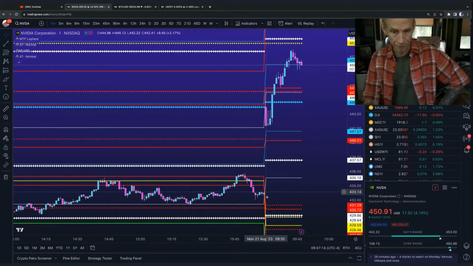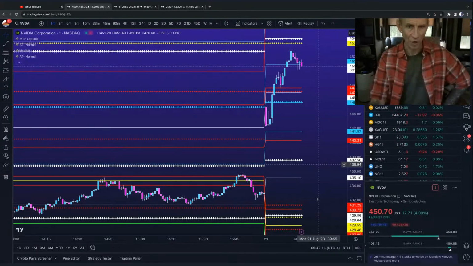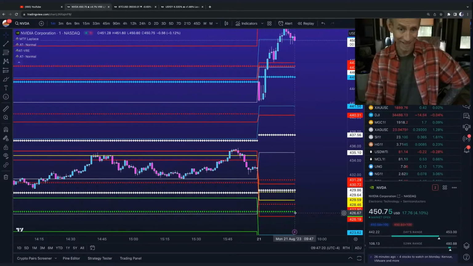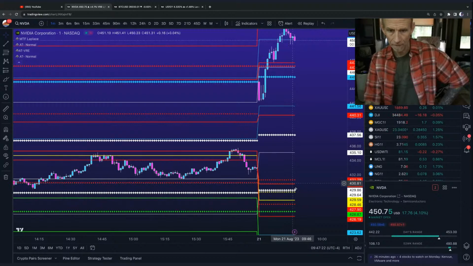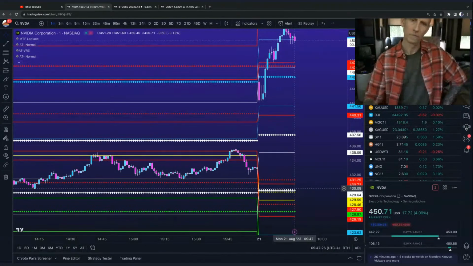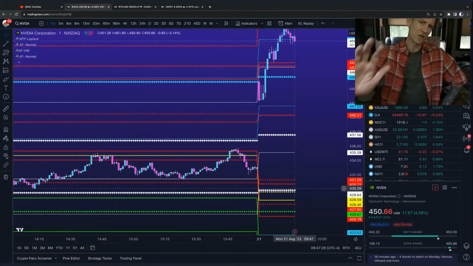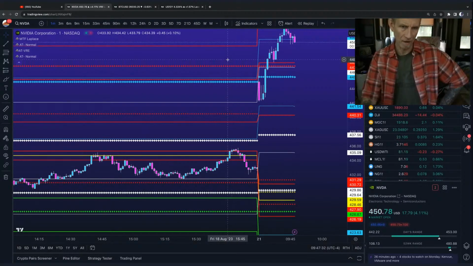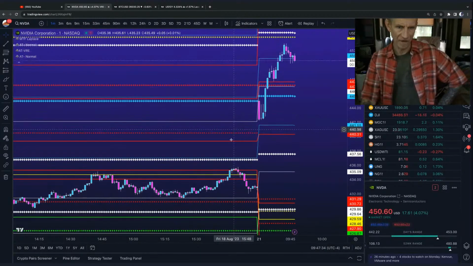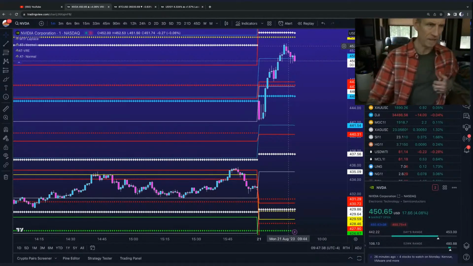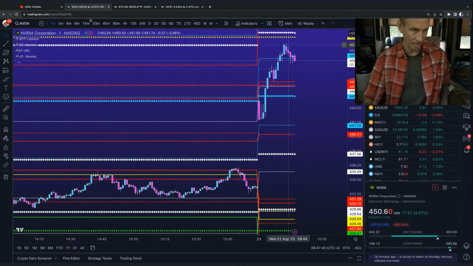But I don't know, man. I see this thing ripping down here and testing all this. Today, if it does, you're going to see a lot of people that didn't take their profit crying. Why would you not take your profit? I mean, there's a lot of fear in the market right now. You wake up and NVIDIA's popping for you like this again. Dude, please, for crying out loud, take your profits.